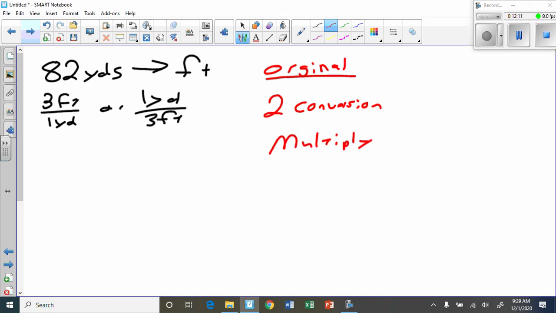We have to pick one of these. If I have the original as 82 yards over 1 times, which one of these will help me cancel the yards? Yeah, 3 feet over 1 yard, because the yards and the yards cancel. All I'm left with is 82 times 3.